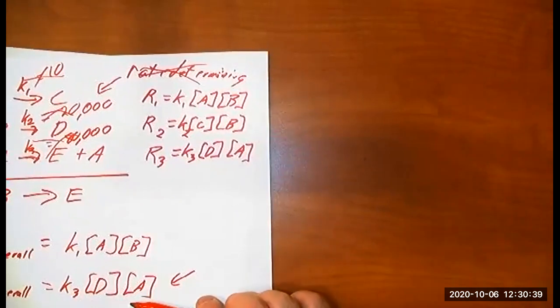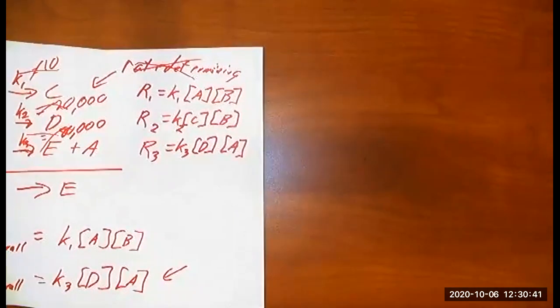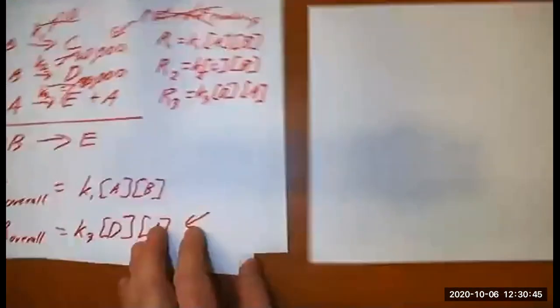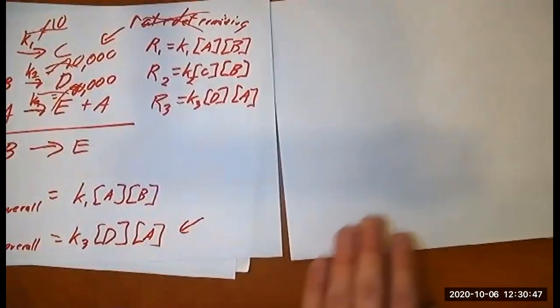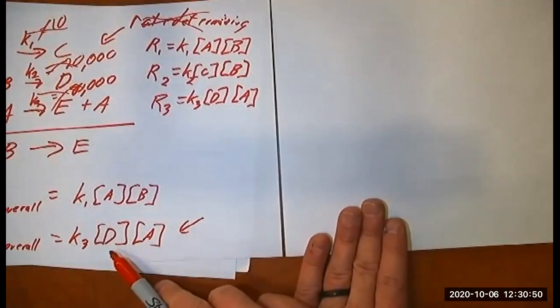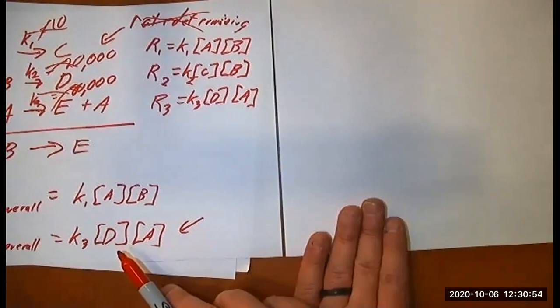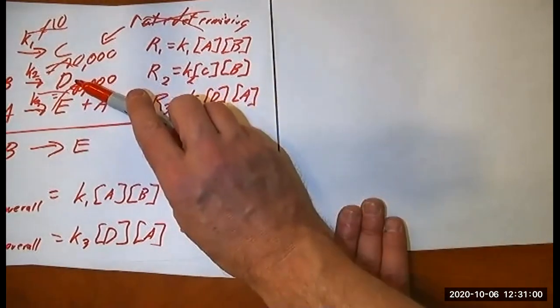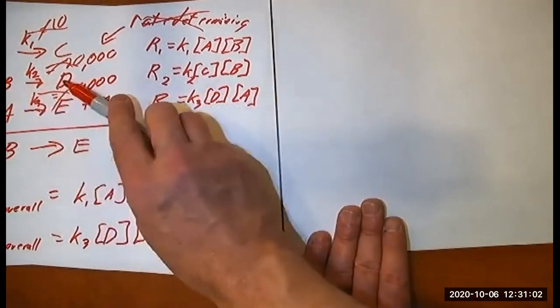We are looking at our overall rate and we see D is in there and we don't want it there, right? So we are going to make the steady state approximation for D, saying that its rate of production equals its rate of destruction. Its rate of production is step 2, because we are making D there.